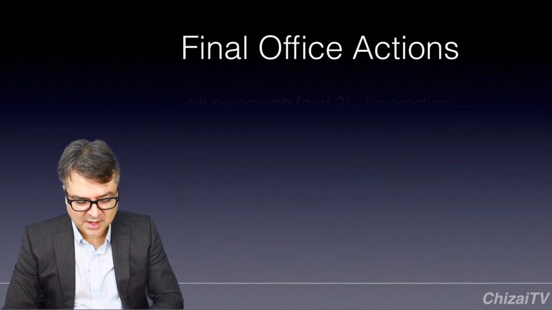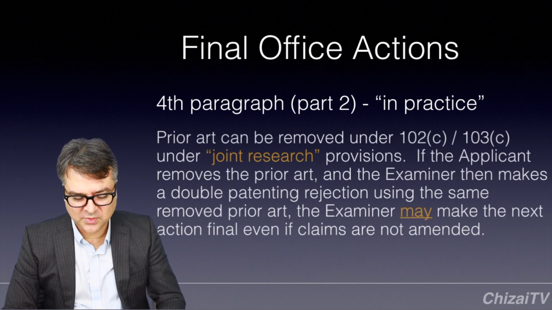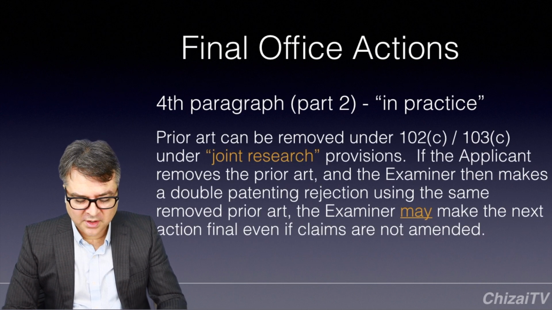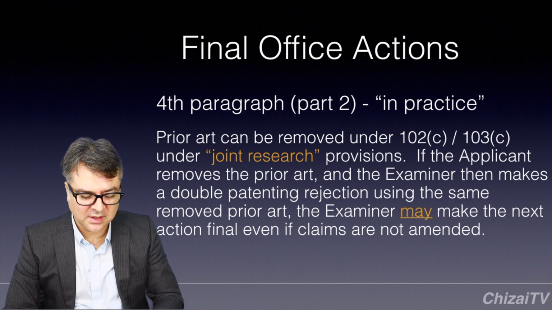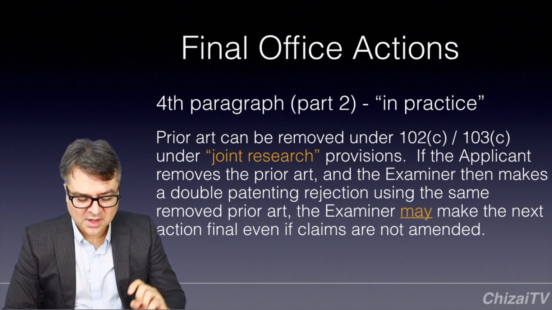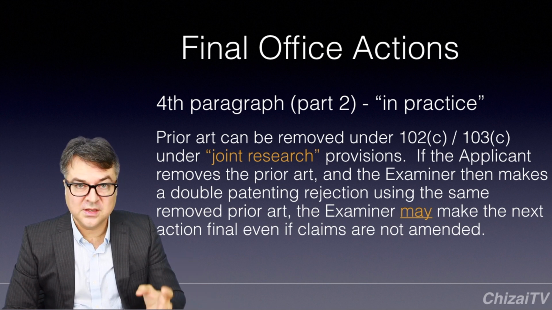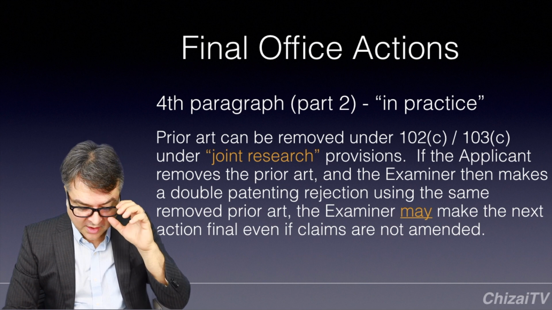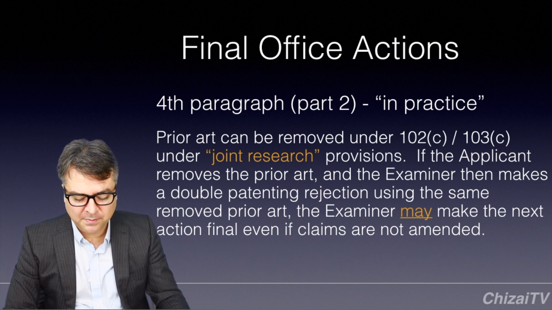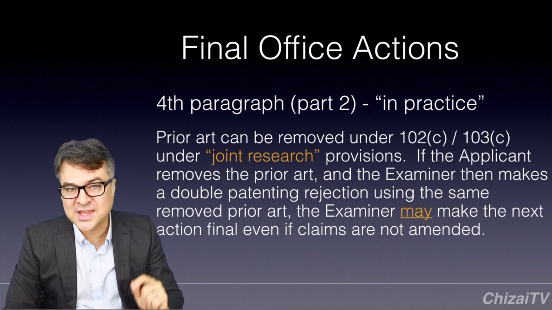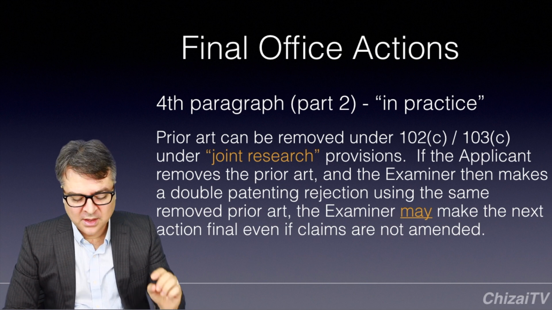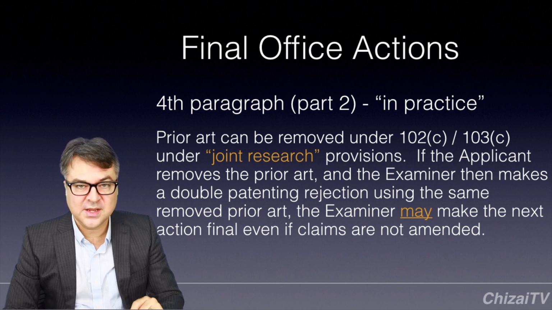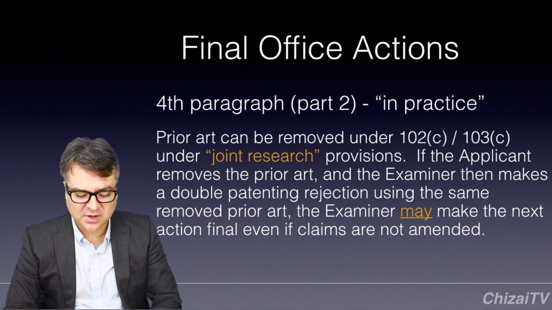So as a practical matter, in practice, what does this mean? Prior art can be removed under 102(c), 103(c) under these joint research provisions, and if the applicant is successful in removing the prior art, and then the examiner makes a double patenting rejection using the same removed prior art, the examiner may make the next action final even if the claims are not amended.